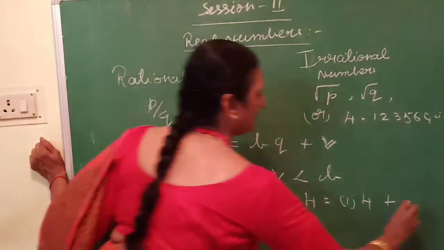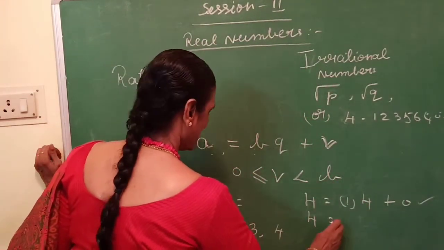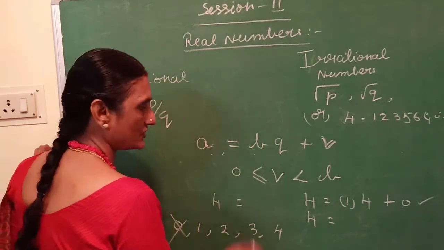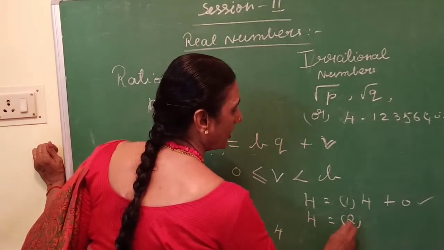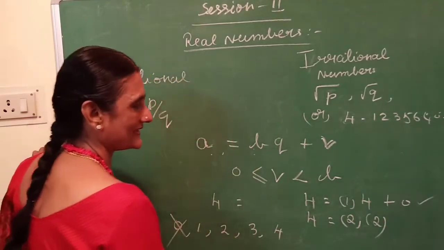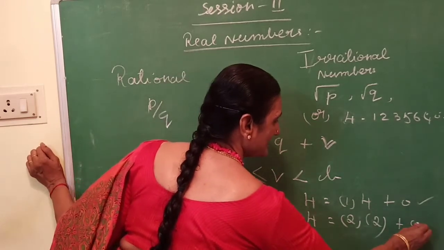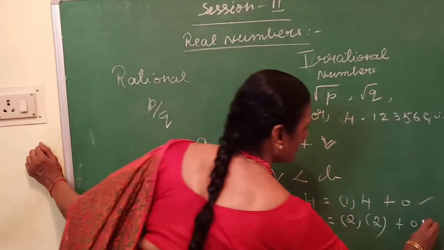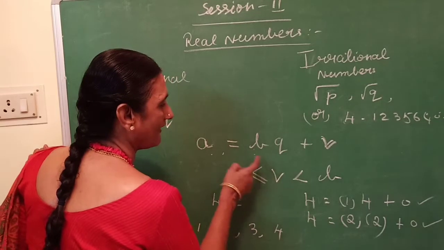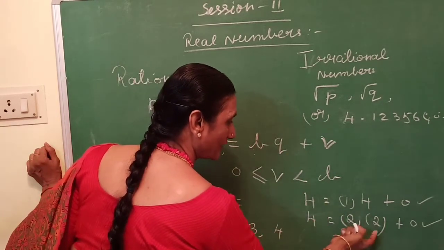Is it tallying? Okay. Next, the second divisor we take is 2. How many times can we divide 4 by 2? 2 times, and the remainder is 0. So that is also matching. We divide 4 by 2 so that we get the quotient 2.